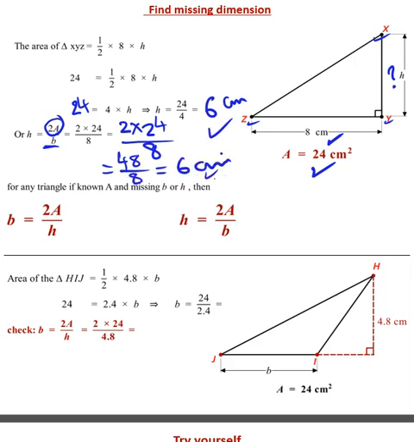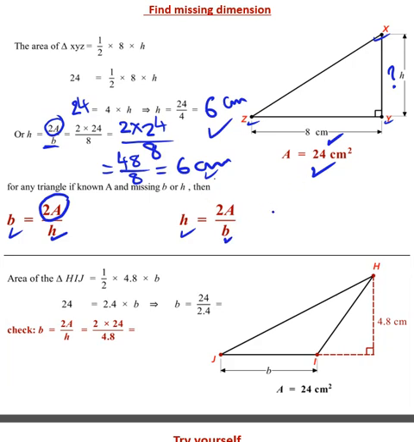The same answer. So to get the base or the height of the triangle, we calculate by doubling the area and dividing by the other known one. If we need to calculate the base, divide by the height. If we need to calculate the height, divide by the base.